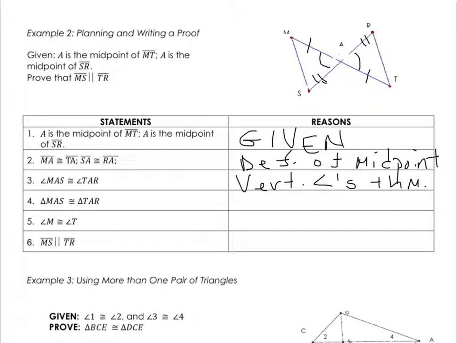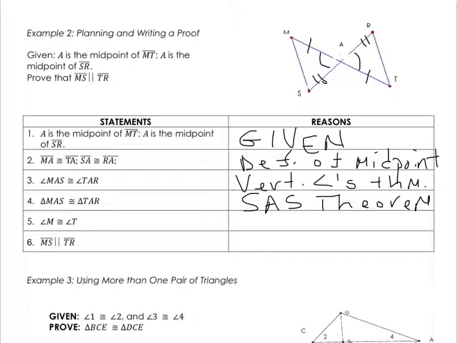So what do we have then? We've got a side, an angle, and a side congruent to a side, an angle, and a side. That looks like the side angle side theorem that we're going to be using to make that assertion. So SAS congruence theorem.